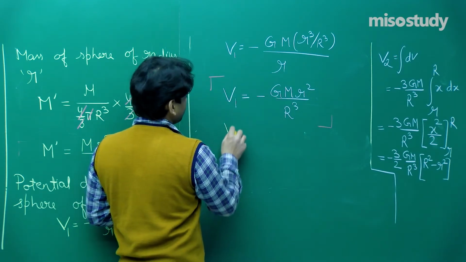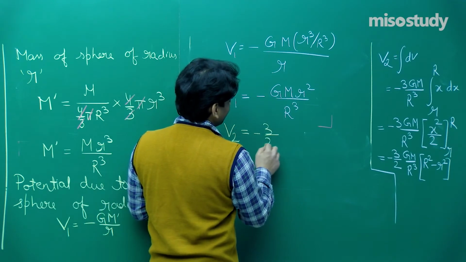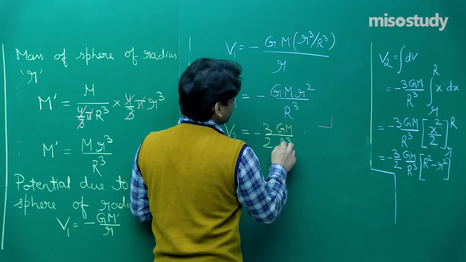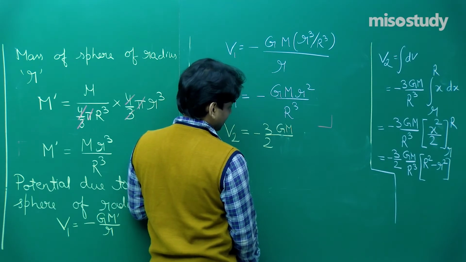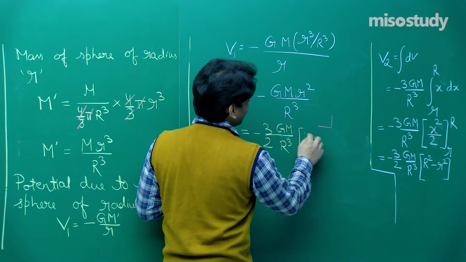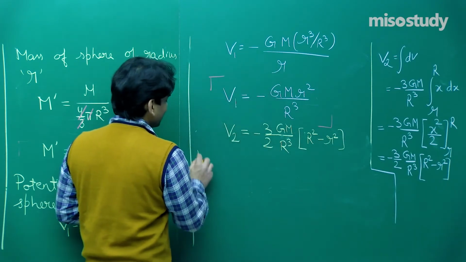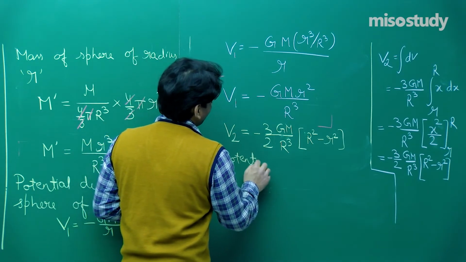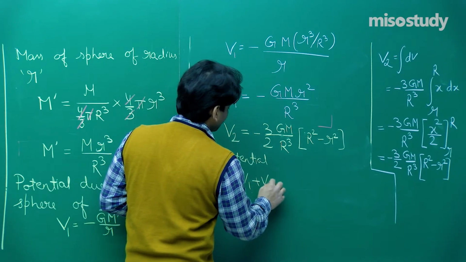We got V2 due to the other part of the sphere as minus 3 by 2 GM by r cube, and this value can be added with V1 to get the final value of potential. So net potential due to the entire sphere at an internal point will be nothing but sum of V1 and V2. So V is equal to V1 plus V2.